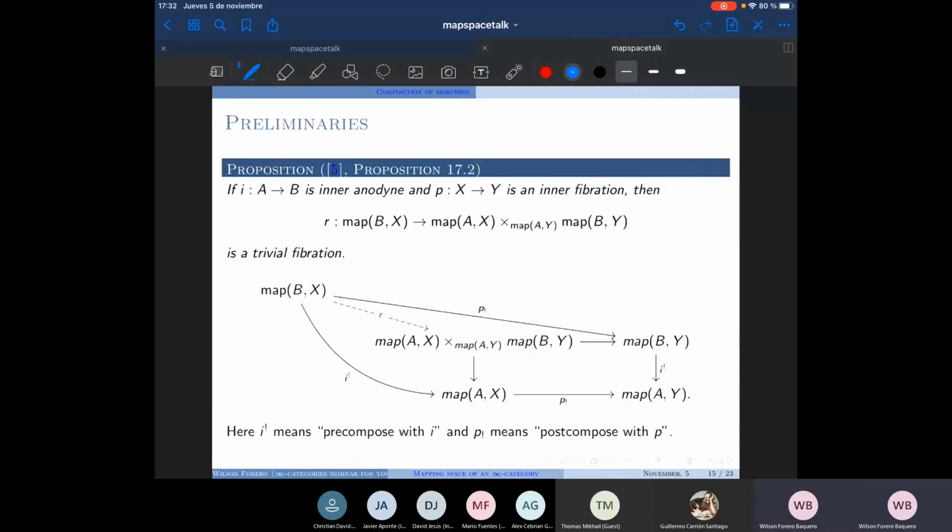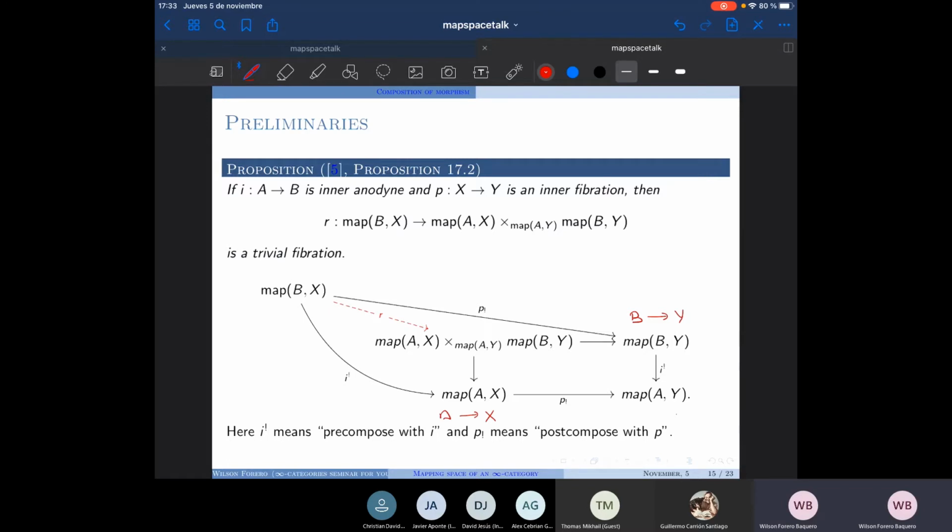Now, a key point of the proof of the composition law in an infinity category is the following. If i is inner anodyne and p is an inner fibration, then this morphism r is a trivial fibration. But what is r? No? So we have a map from B to I, the mapping space from B to I, and we have a map A to X. Okay, so the symbol i upper star means precompose with i.